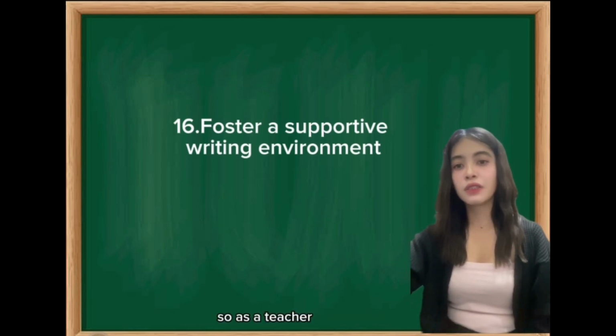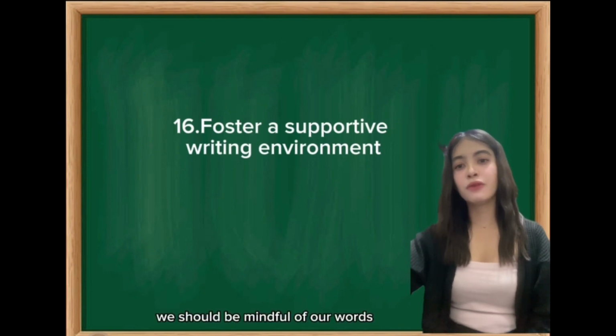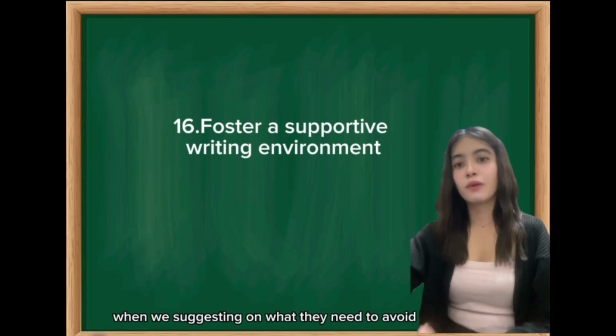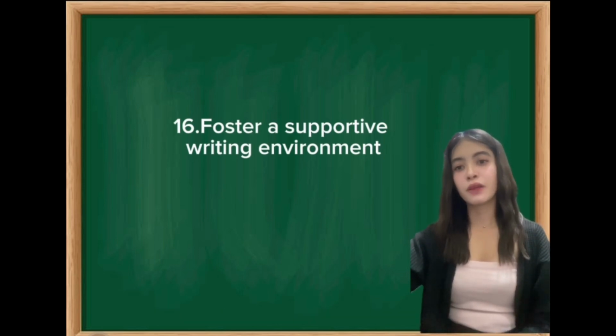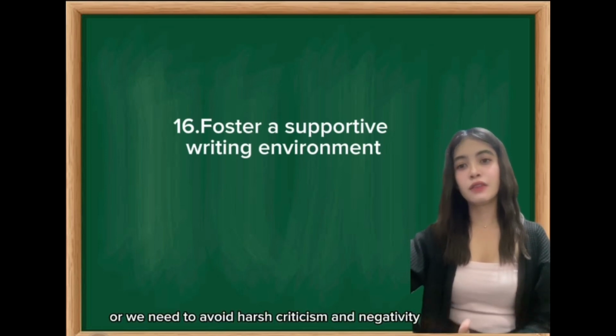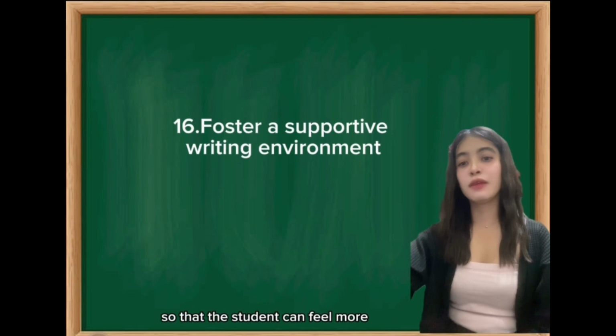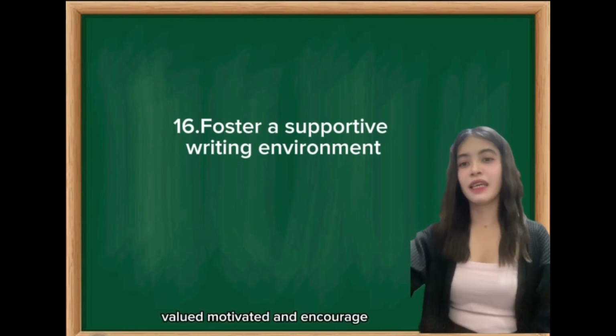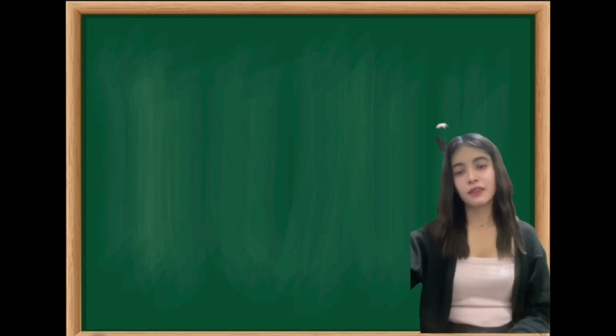As a teacher, we should be mindful of our words when suggesting what they need to avoid, and we need to avoid harsh criticism and negativity so that the student can feel more valued, motivated, and encouraged.